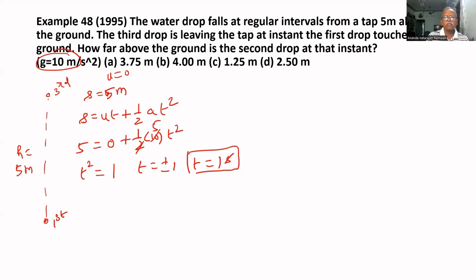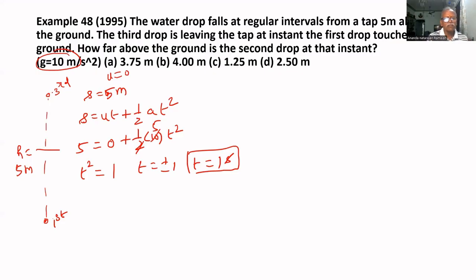So what is the question? How far above the ground is the second drop at that instant? The time taken to reach the ground is 1 second. When the first drop reaches the ground, the third drop is just ready to fall.